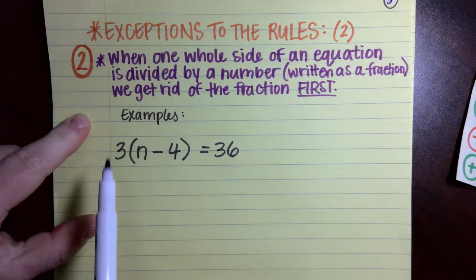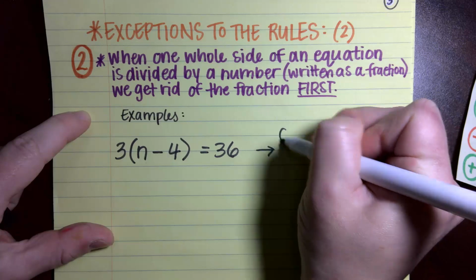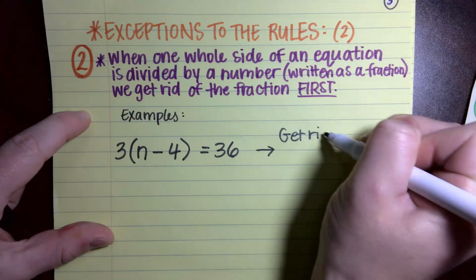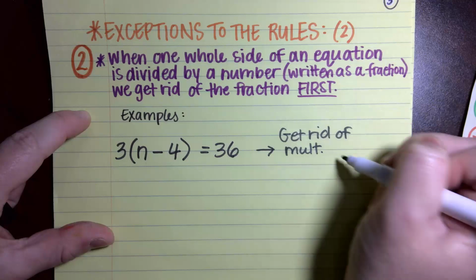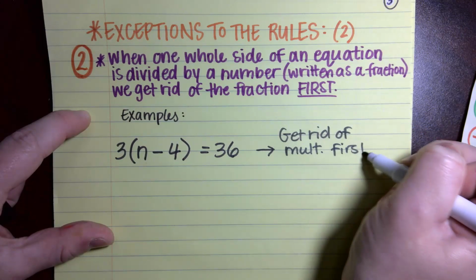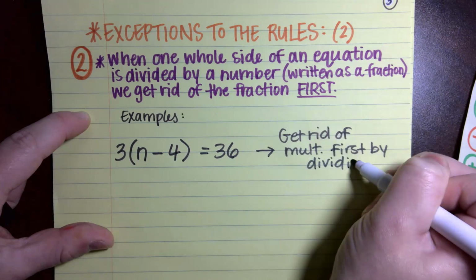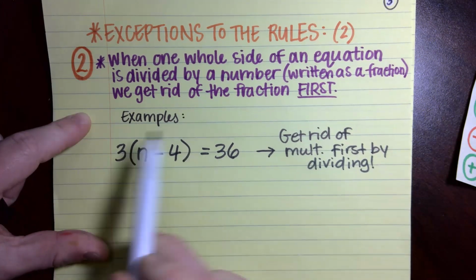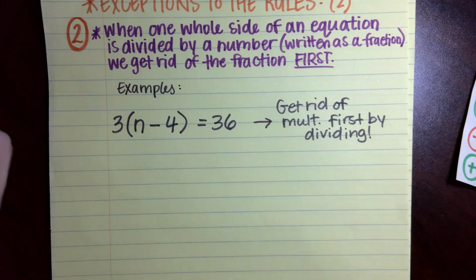So we had to get rid of that multiplication first by distributing, or by dividing. So we already know how to do this. Here's what we're introducing today.